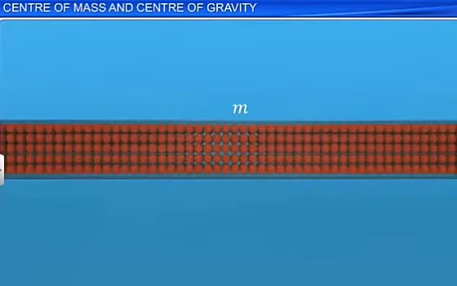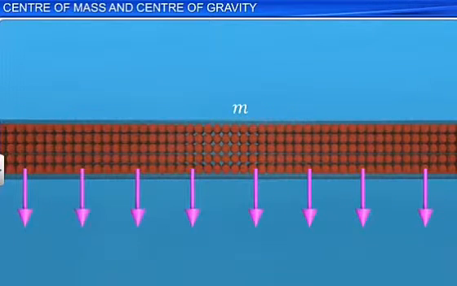An extended body can be assumed to be made up of a large number of tiny particles. Each of these particles is attracted towards the center of the earth with a force equal to its weight. If W1, W2, and so on, Wn, represent the weights of these tiny particles, then they are parallel to each other and act in the downward direction.